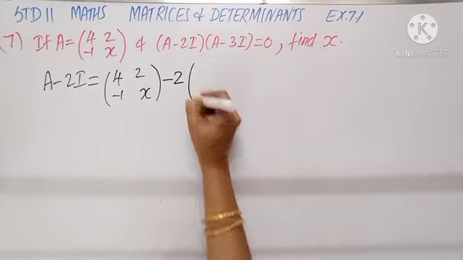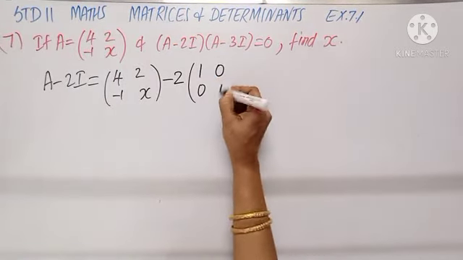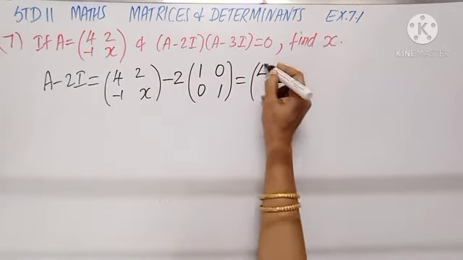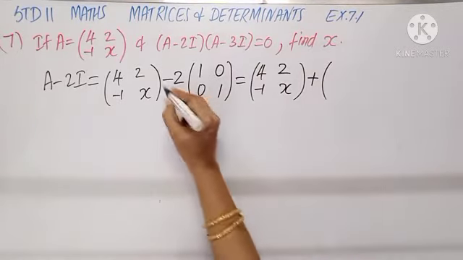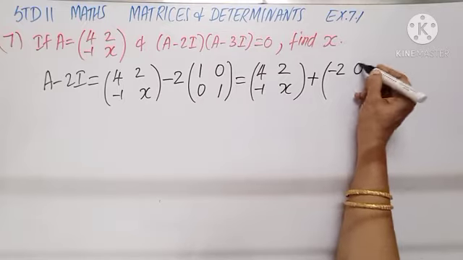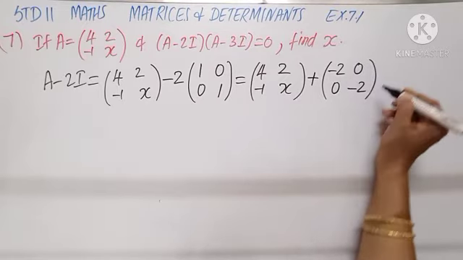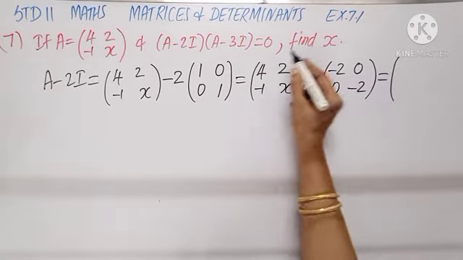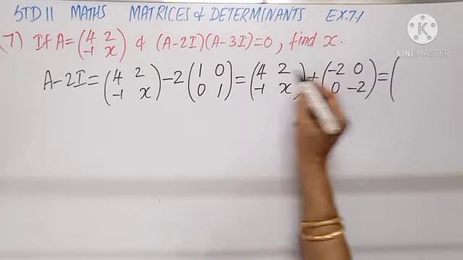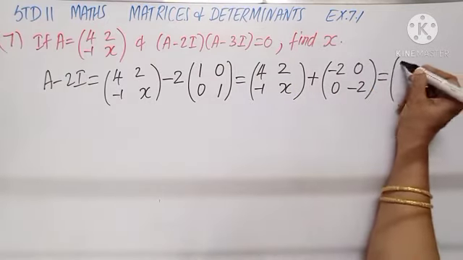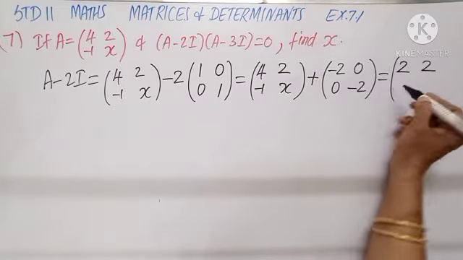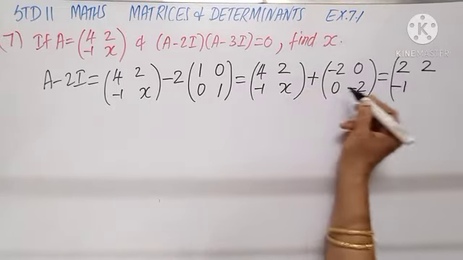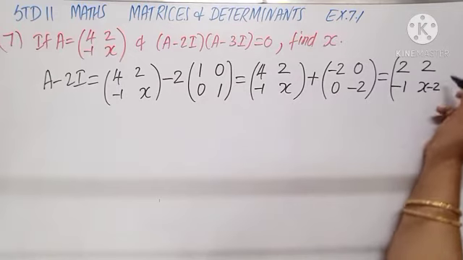Minus 2 into I is [1 0; 0 1], that is [minus 2 0; 0 minus 2]. As we add corresponding entries, 4 minus 2 is 2, 1 plus 0 is 1, minus 1 plus 0 is minus 1, x minus 2 as it is.